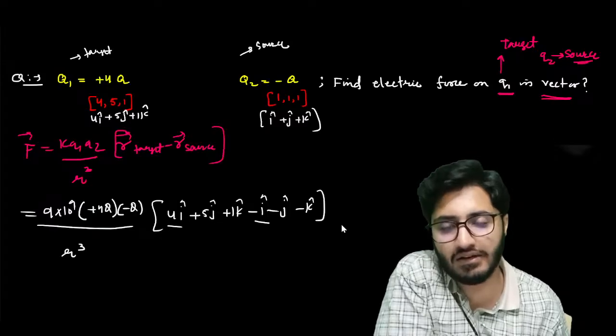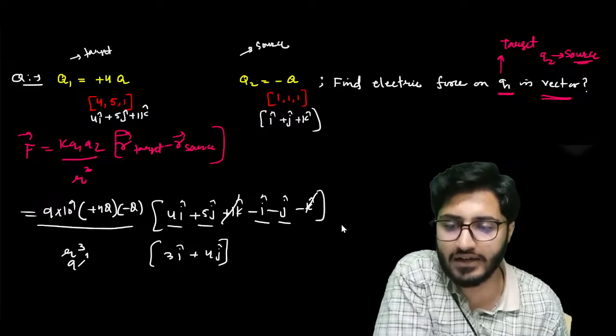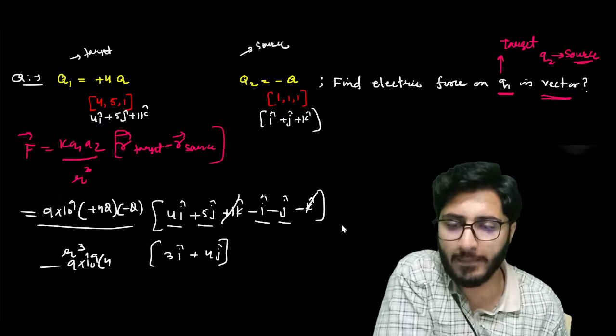So 4i minus 1i is 3i only, plus 5 minus 1 is 4j, and the 1s cancel out. It will be 9 times 10 to the power 9 times 4 times minus q square, whole divided by R cube.